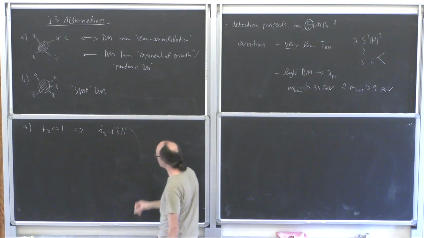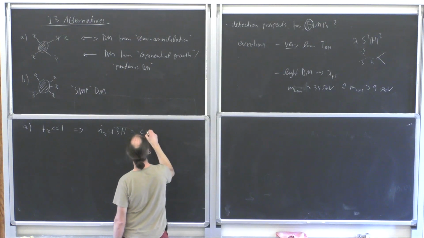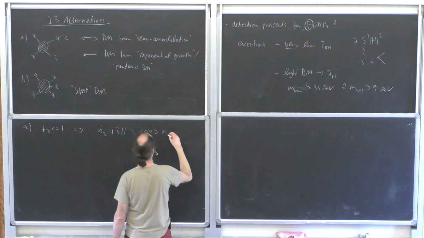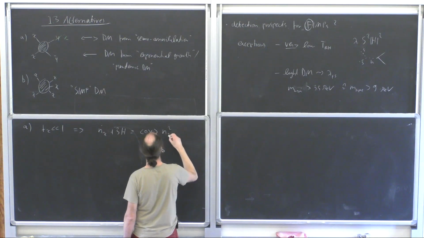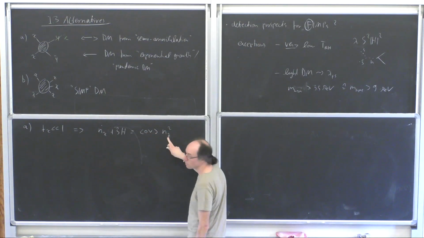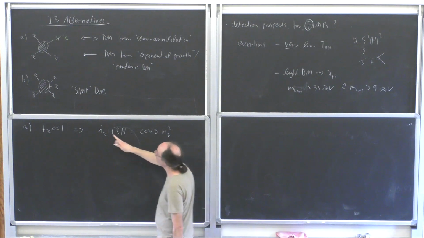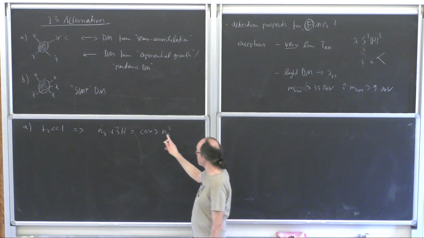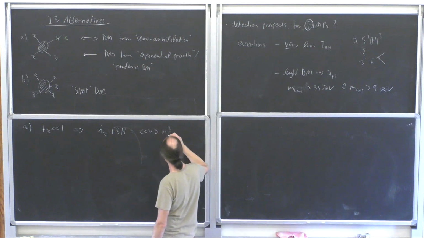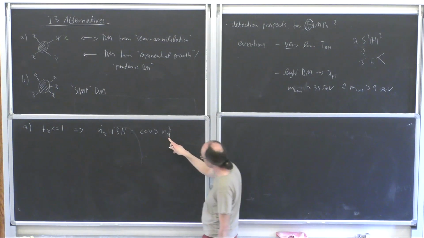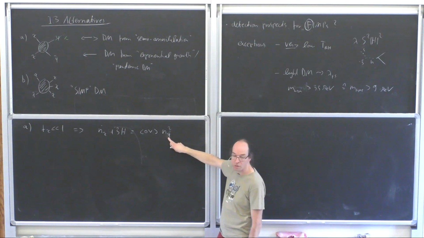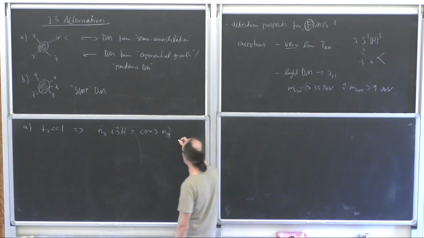For ordinary freeze-in, we had a sigma v n chi squared in equilibrium. But now, we basically replaced one of the heat bath particles with a dark matter particle. So then instead of heat bath number density squared, we get a heat bath number density times dark matter density.